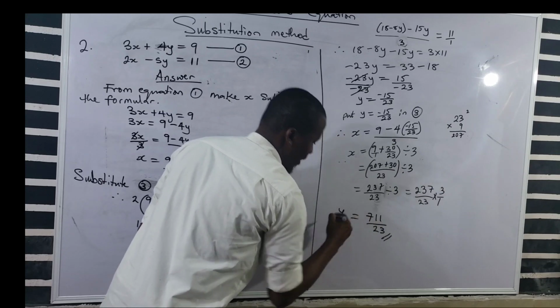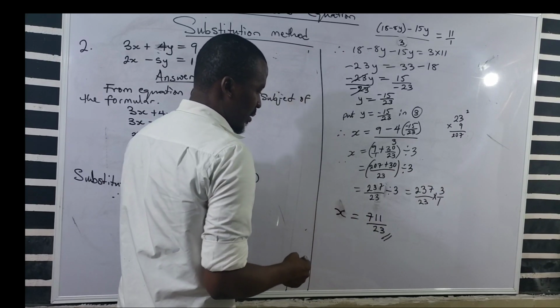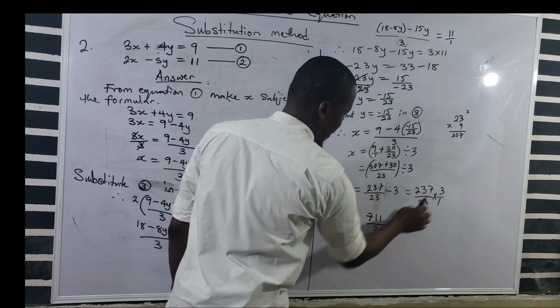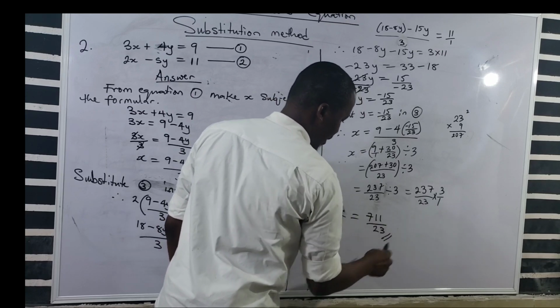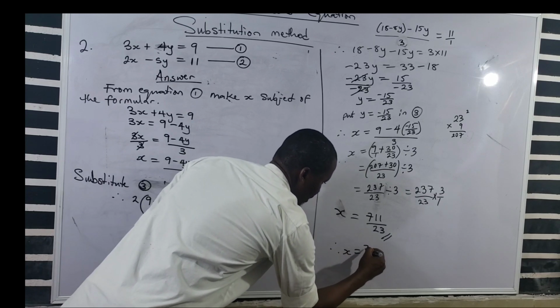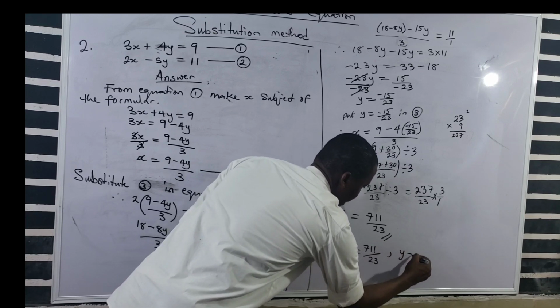So you can leave your answer in this form. Therefore, s equals to 711 over 23 and y equals to minus 15 over 23.